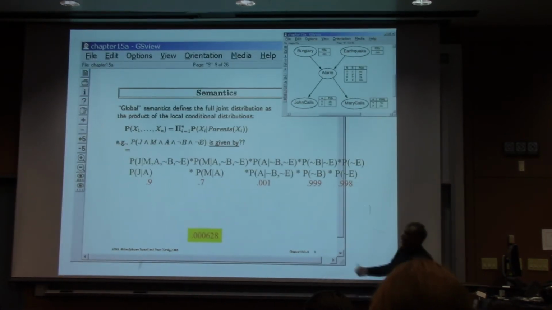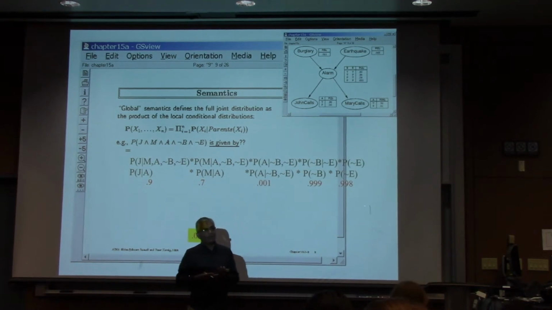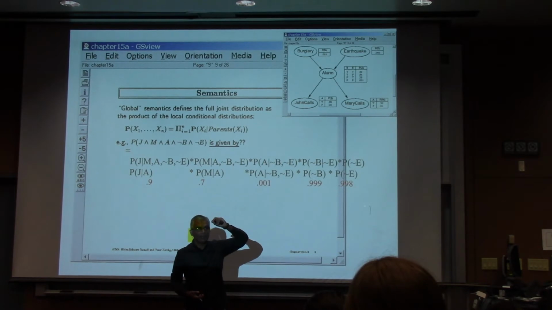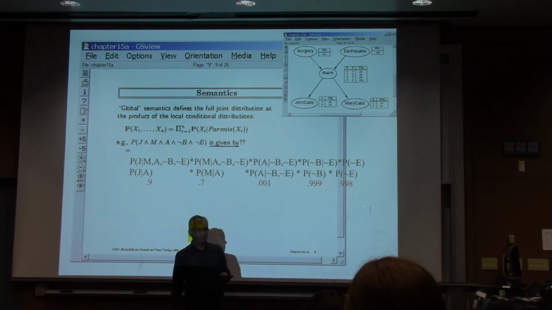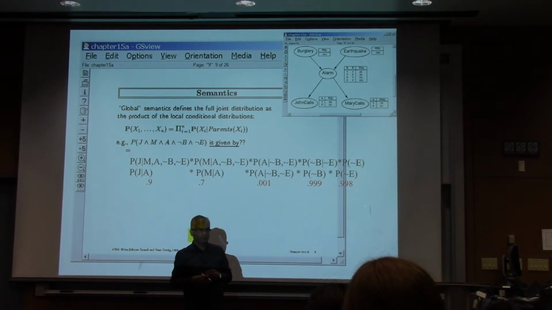And I told you, and in fact you have used it many times, that the way you can get joint distribution entries from a Bayes network is essentially by using this independence assumption, that a node is independent of its non-descendants given its immediate parents. So it's independent of its siblings as well as its ancestors given its parents.